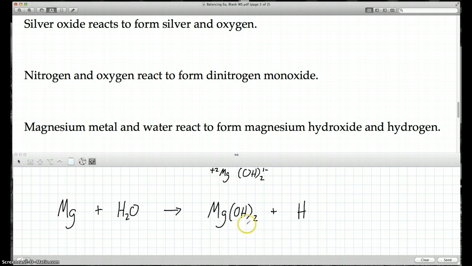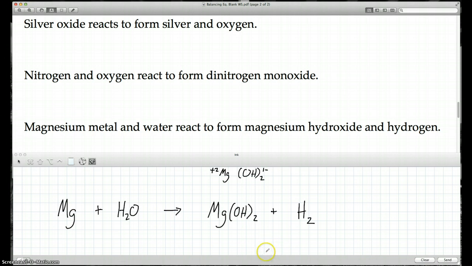I did the switch trick on the Mg and OH, the magnesium hydroxide. The only other thing I have to ask myself is about the ones that are alone: are they on the list of 7? Mg here is alone. Is it one of my 7? No. So I can just leave it the way it is. I don't have to put any little numbers. Hydrogen, though, is on my list of 7 diatomics, so I need to put a 2 there.